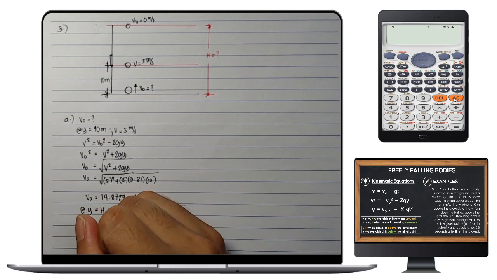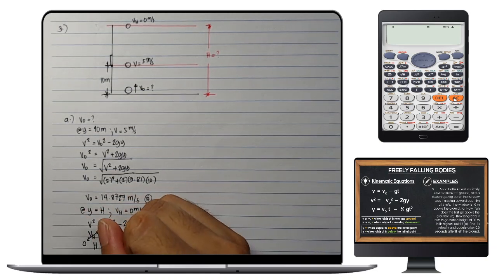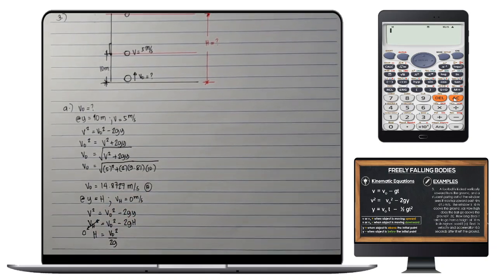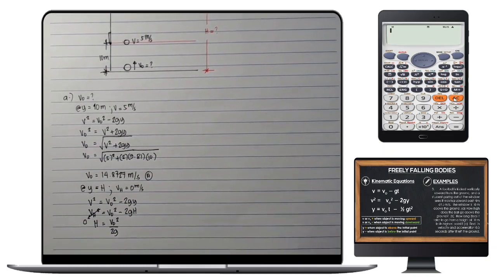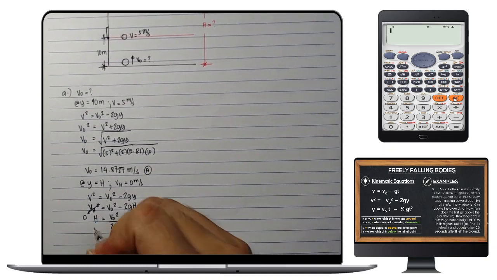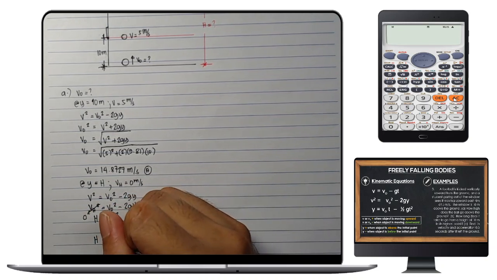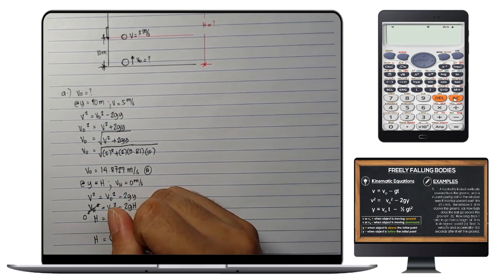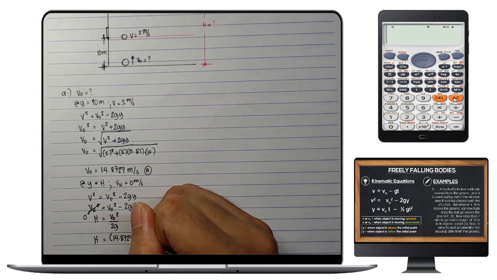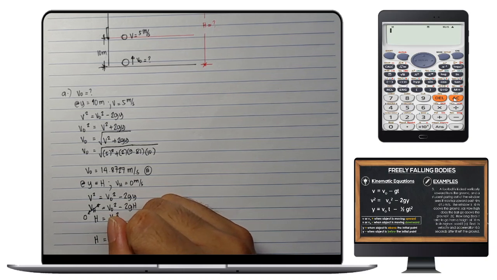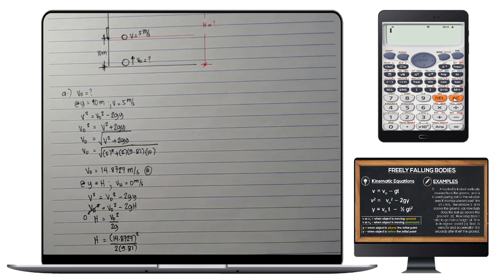So, this one is 0. So, magta-transpose lang, that is h equals vo square all over 2g. Okay? So, substitute lang natin. Vo natin is yung nasa A, which is 14.8727 being squared divided by 2g, which is 2 times 9.81.